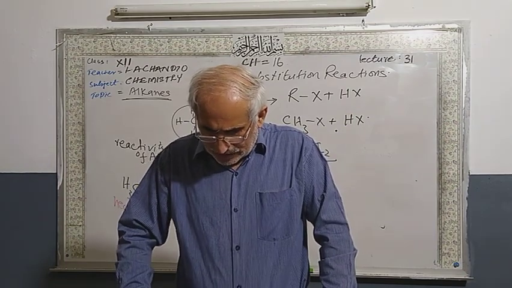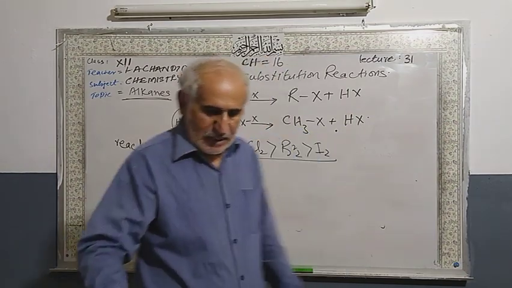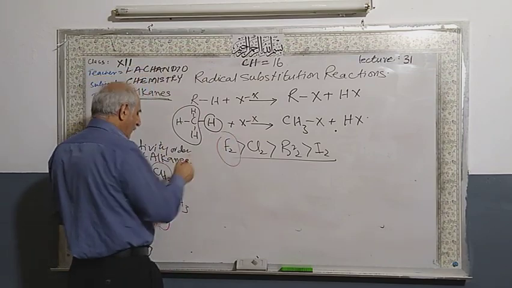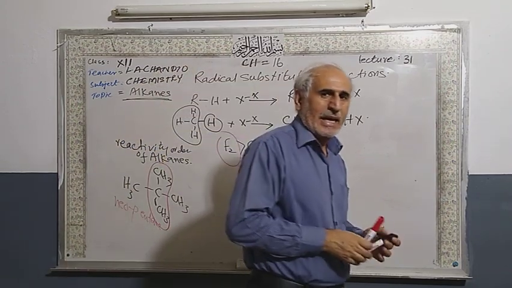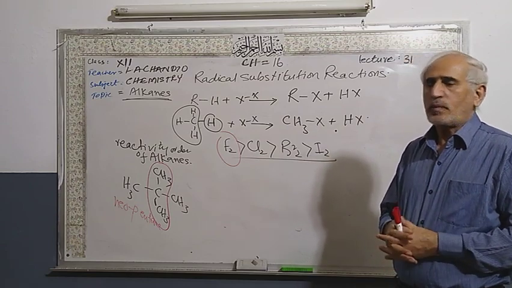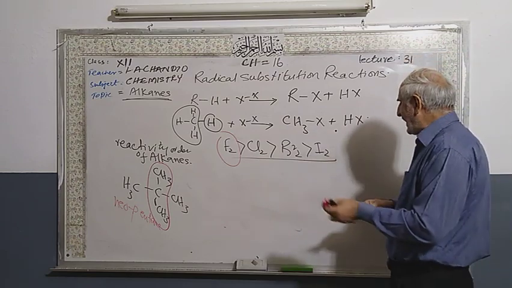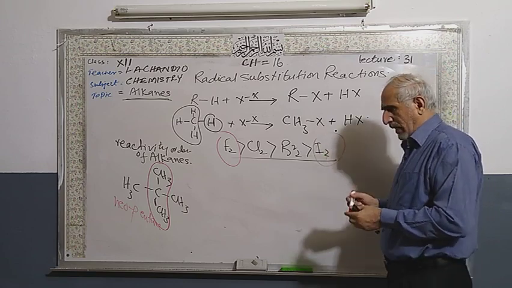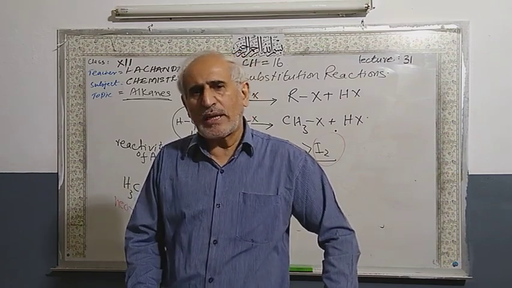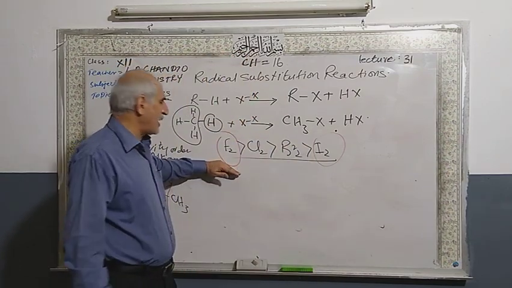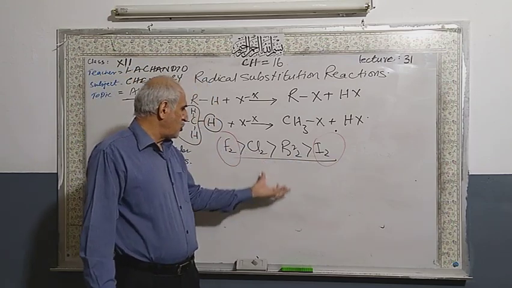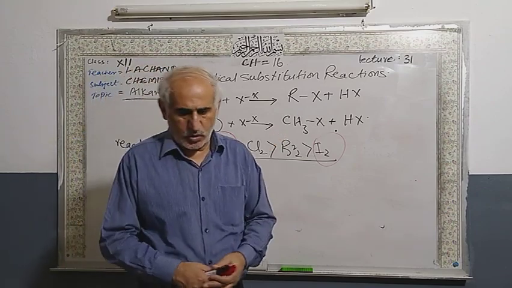Only chlorination and bromination are used in the laboratory, because fluorine gives explosive reactions with alkanes. We don't use it in the laboratory. It is highly reactive, explosive. Iodine is least reactive, almost no reaction. Most reactive is dangerous, and the least gives almost no reaction. So we use these two moderate ones, chlorine and bromine.